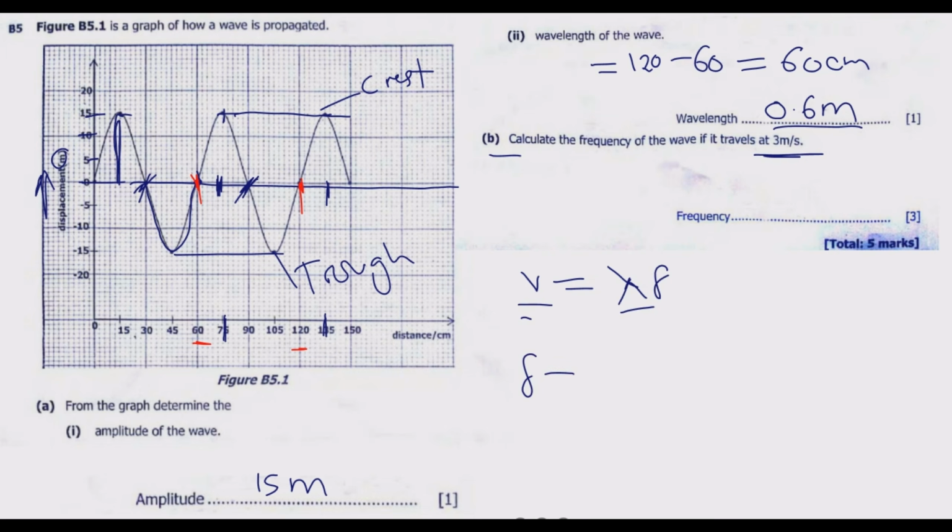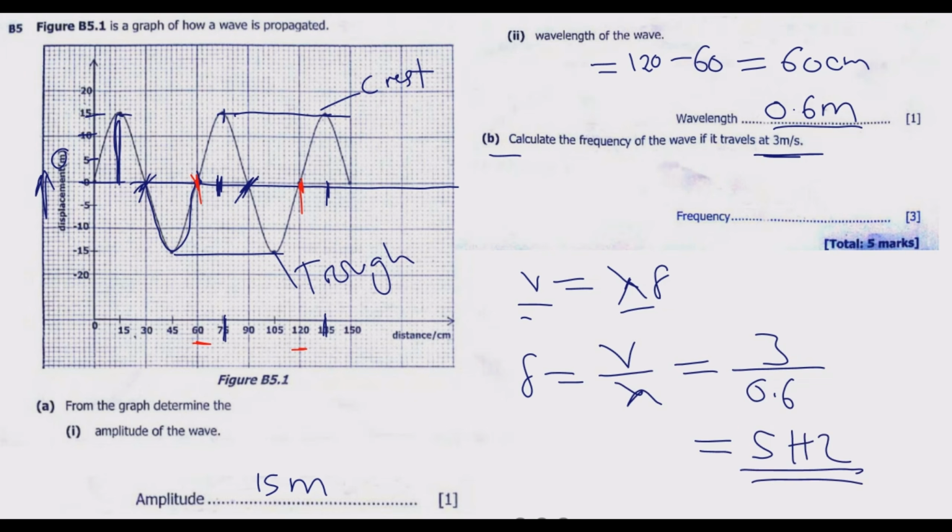So frequency is equal to speed divided by wavelength. Speed is 3 meters per second, wavelength is 0.6 meters. Dividing, we end up with 5 Hz, which is the frequency of this wave. This is how you get the 5 marks on this question.